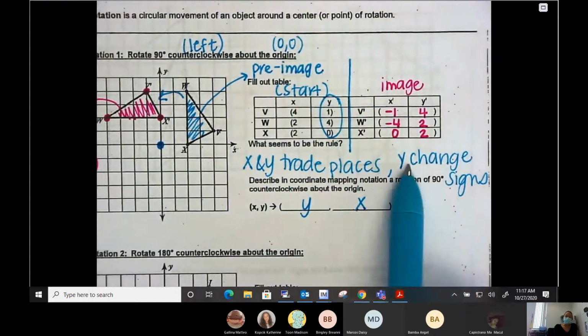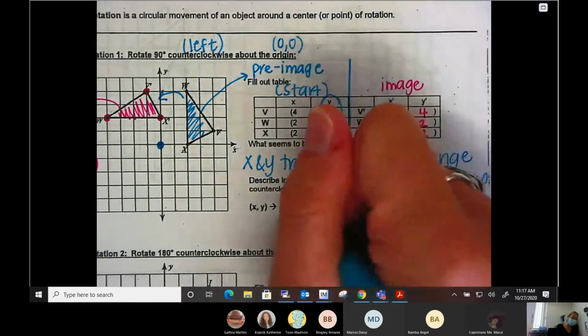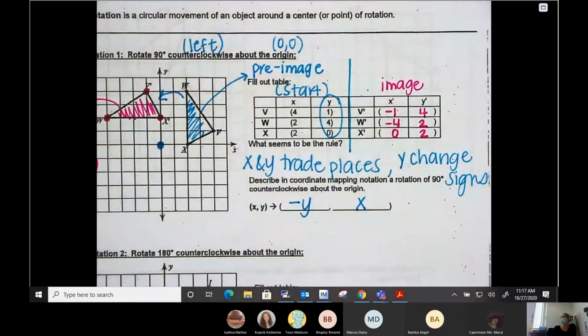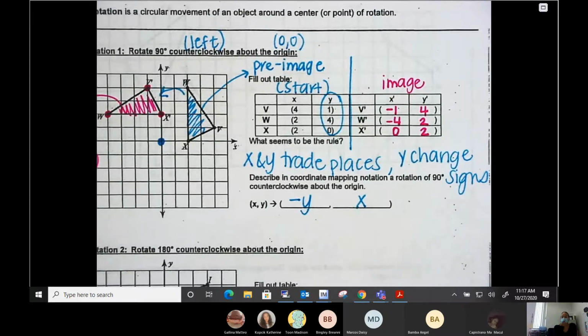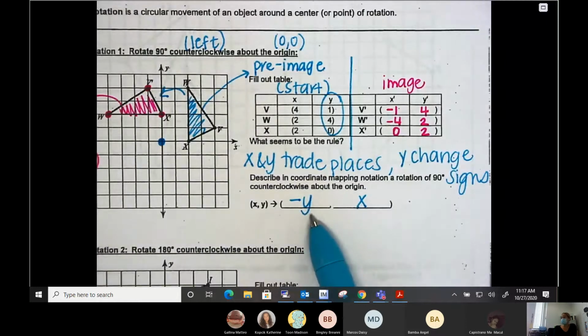And then my Y changes signs. So my Y, I put a negative sign right before it. That shows that it changes signs. That doesn't mean it's negative, that just means it changes signs. All right, so by looking at the pre-image to the image, if you rotate 90 degrees, your X and your Y trade places, your Y changes signs.